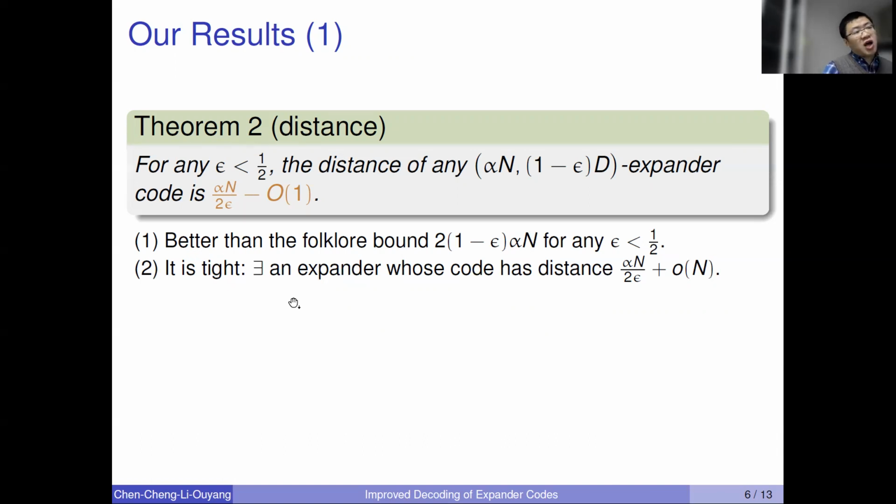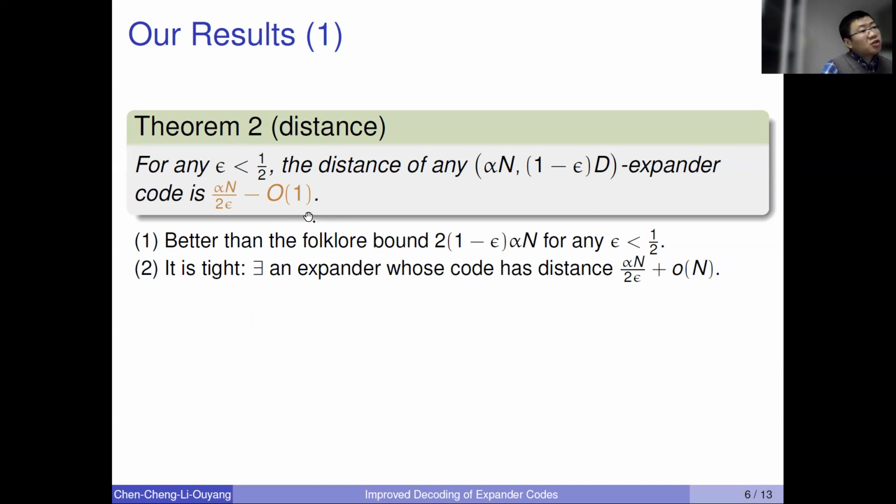We also show this is tight, that there exists an expander whose code has distance alpha n over 2 epsilon plus a little. That's all I want to say about the first theorem.